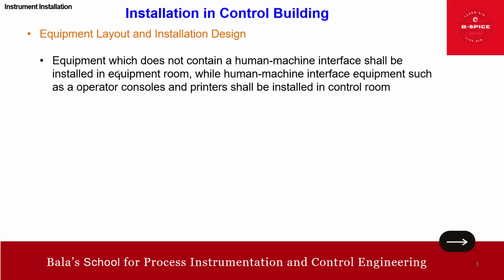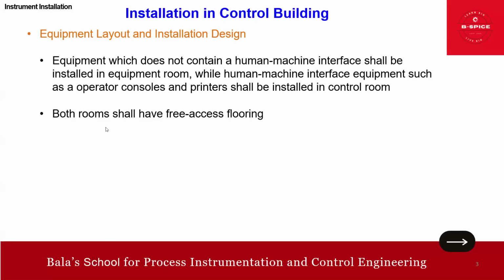Those things we can install in the equipment room. The human machine interface, such as HMI, operator station, workstation, all these can be installed in the control room. That is one of the basic things. Of course, you know this, but it's a refresher.